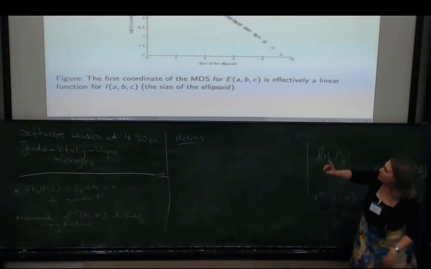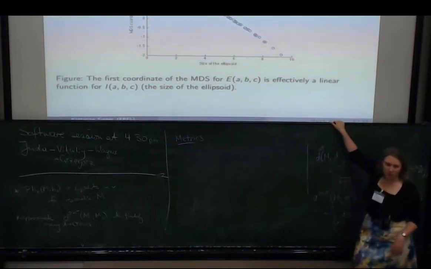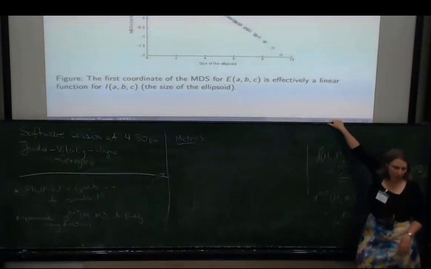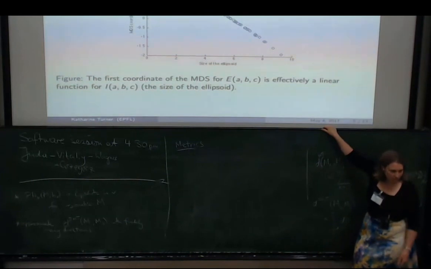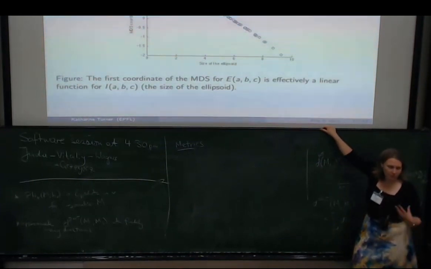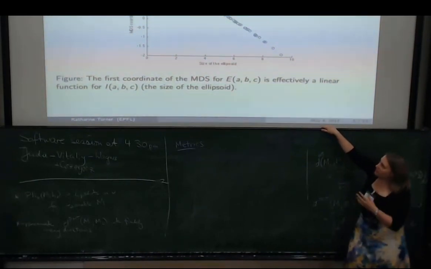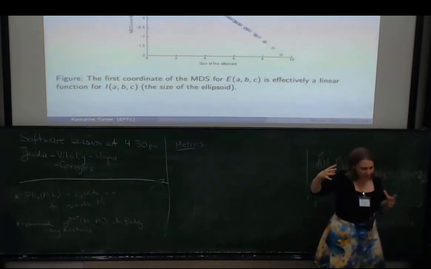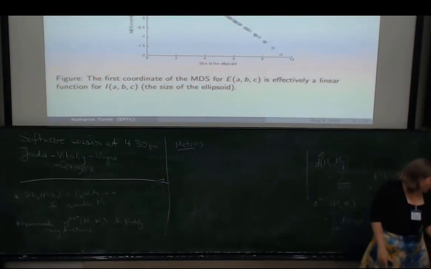And the bottom one here I've described as the size of the ellipsoid, a number we got by taking an integral of the convex hull, approximating the size of things. It turned out that this volume-like number was highly correlated with the first coordinate.